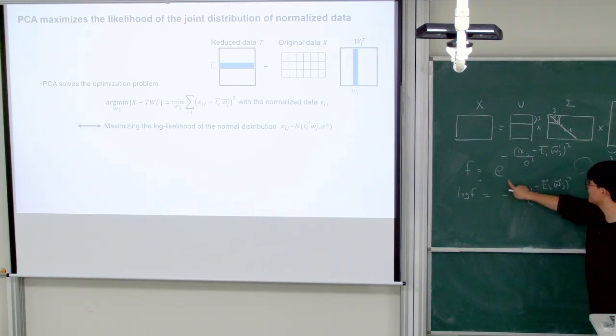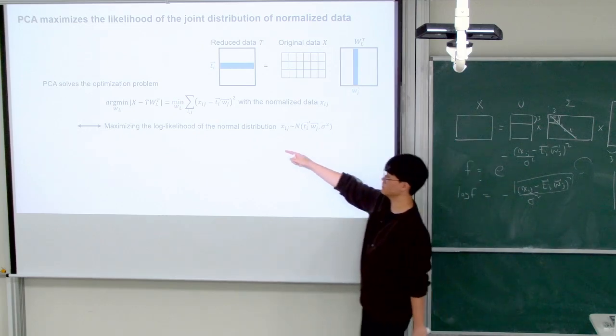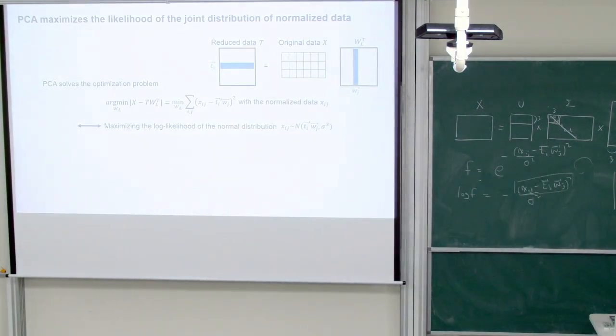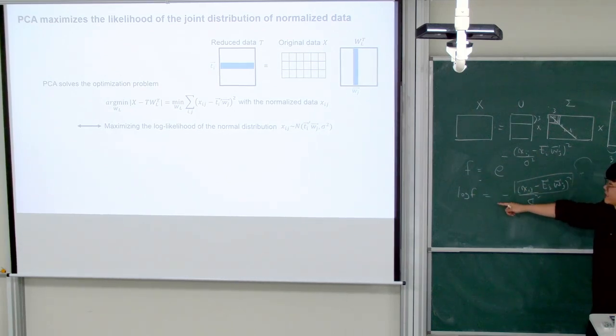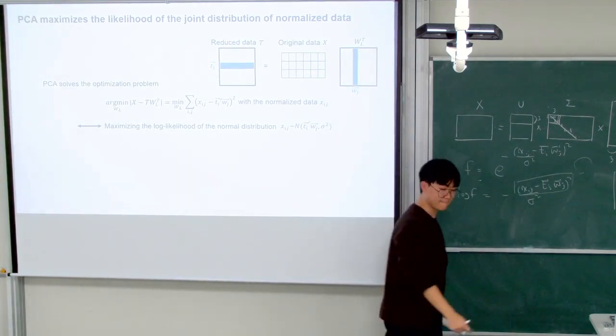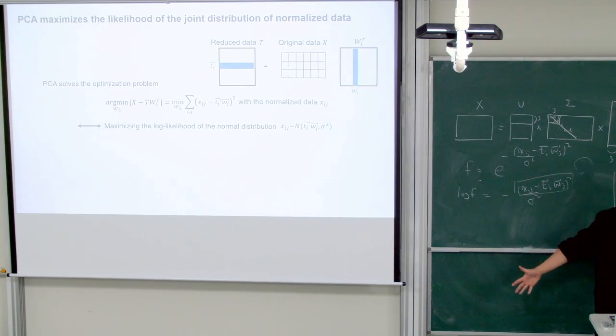So maximizing this value means minimizing this term, which is equivalent to this term. I also note that the product of probability density functions equals the sum of logs, which means this sum. So this is how PCA works. It is the optimization problem.